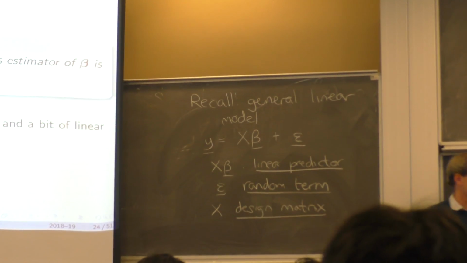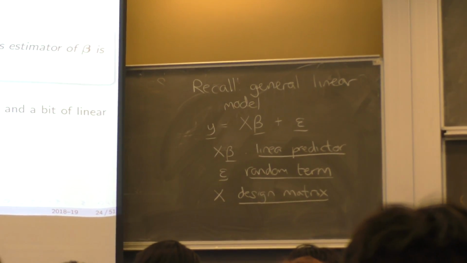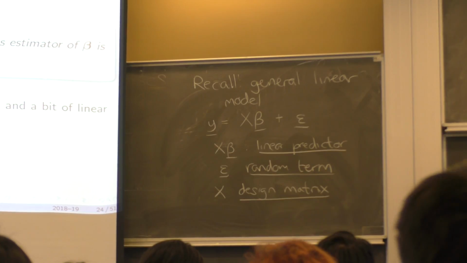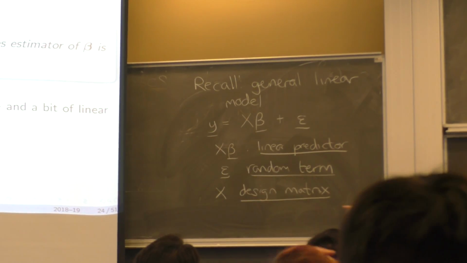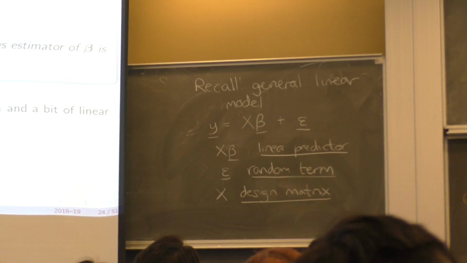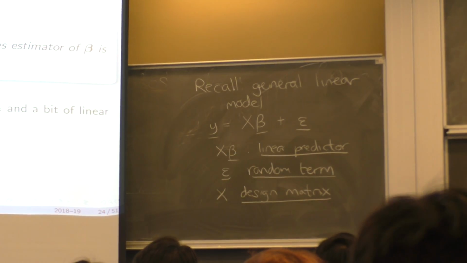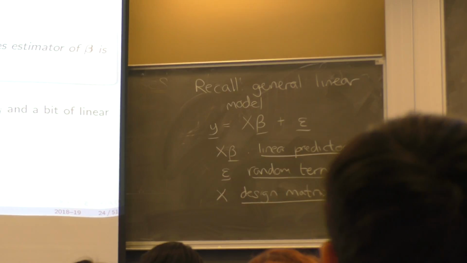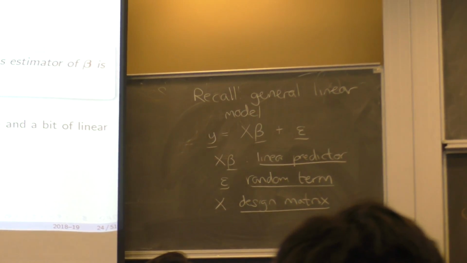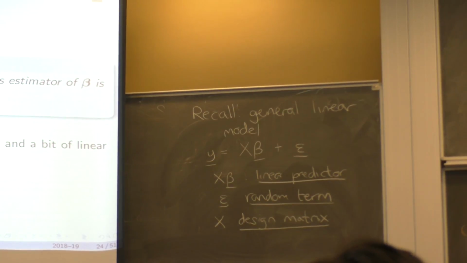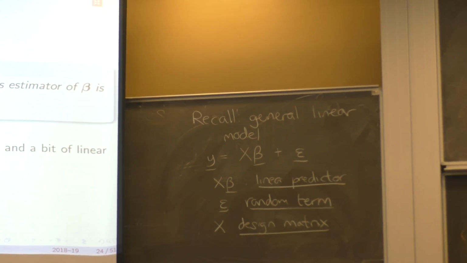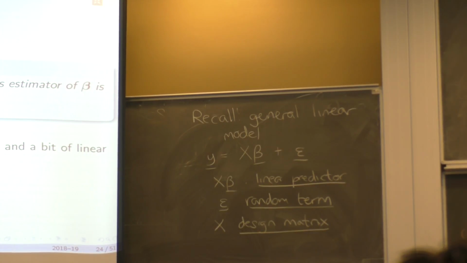Beta is a vector of unknown parameters, and epsilon here is the random part of the model. So the X beta part is called the linear predictor, for known design matrix X and unknown parameter vector beta. This gives us the mean that we expect our observations to have, and then this epsilon term is the random part of the model.